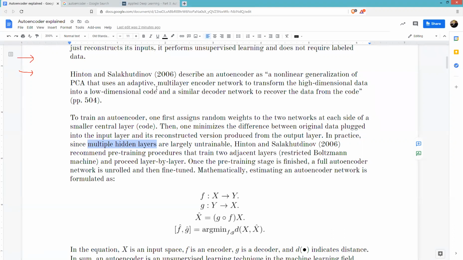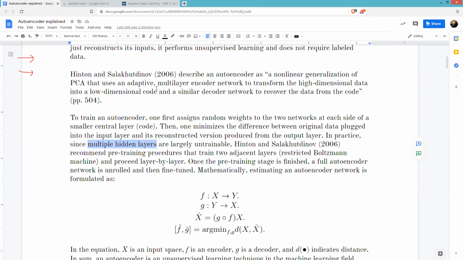Therefore, Hinton and Salakhutdinov suggest a strategy for how to estimate the model. First, they recommend pre-training the network. Then how to do pre-training?